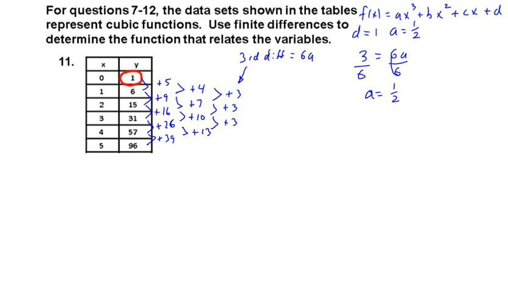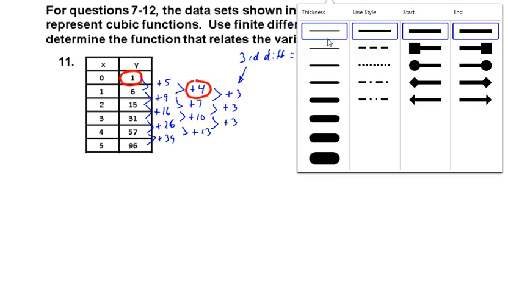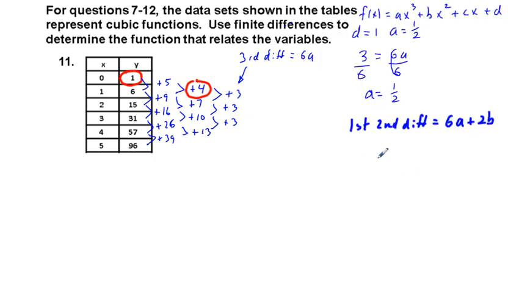Next, we have our first second difference here, which is 4. So first second difference equals 6a plus 2b. So let's find out what that is. So our first second difference is 4 equals 6a plus 2b. Well, 6a we already had a value of 3, right?